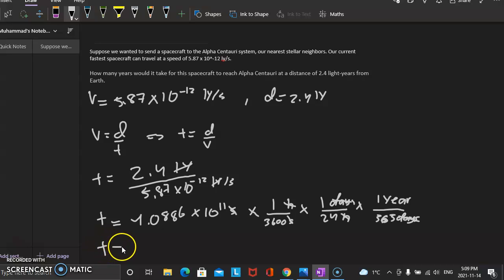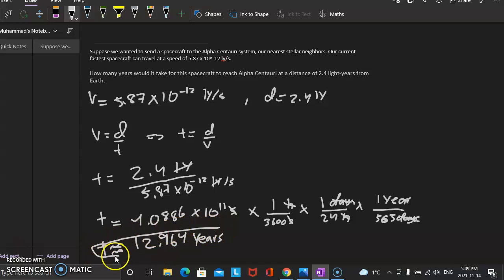So now what we get is 4.088 times 10 to the 11 divided by 3,600 divided by 24 divided by 365, and we get approximately 12,964 years.